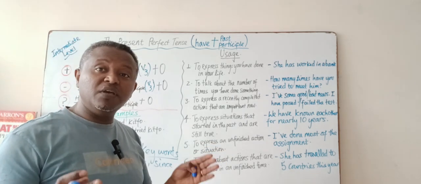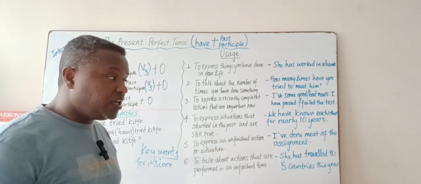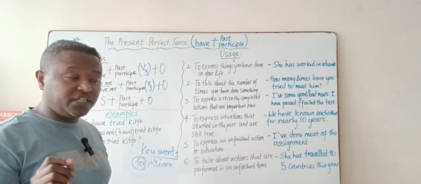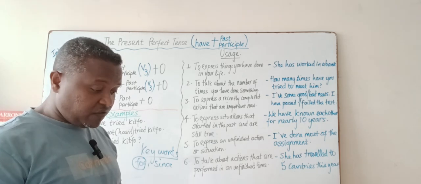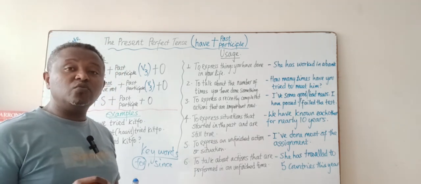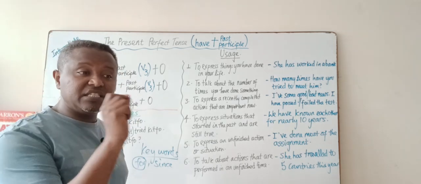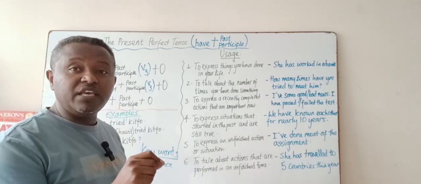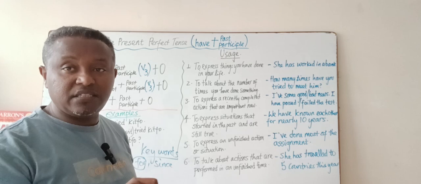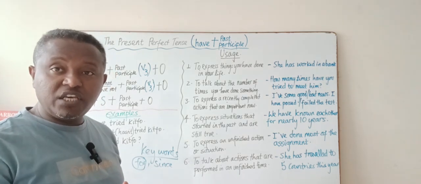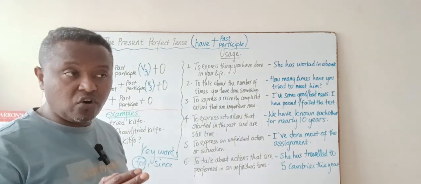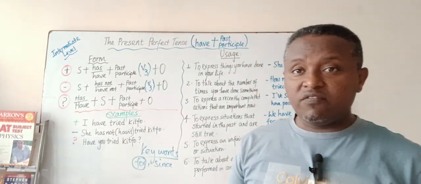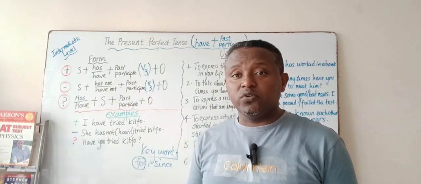I have known him for 5 years, and that is for duration. Since is used with a point of time that a certain action started. For example, I have known him since 2019, or I have known him since my childhood.